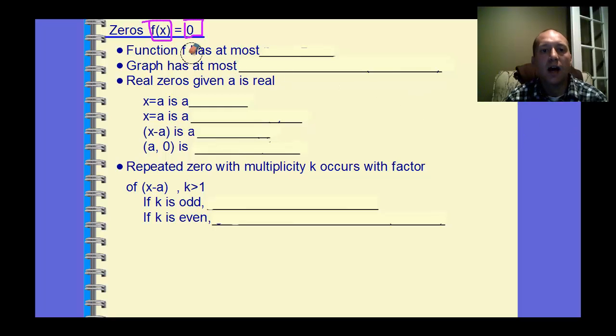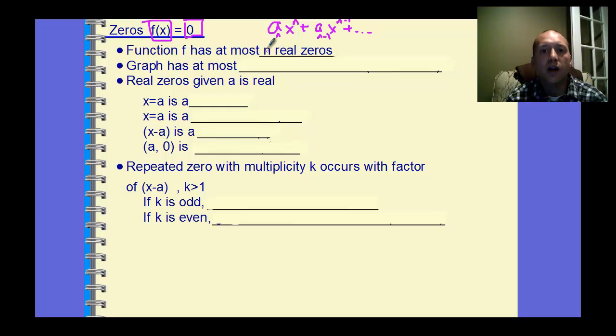So the function f has at most n real zeros, and we're still using the polynomial notation, like a x to the n plus a x to the n minus 1. We could call this the nth coefficient, the n minus 1 coefficient, and so forth.